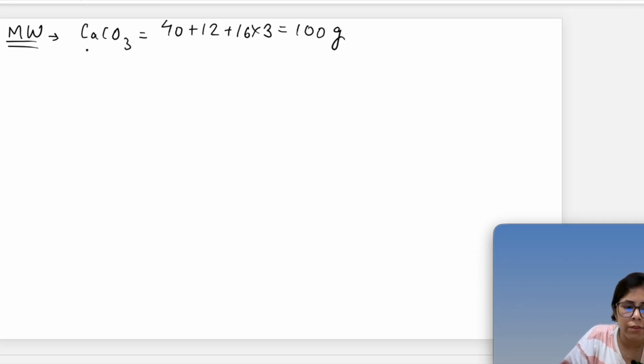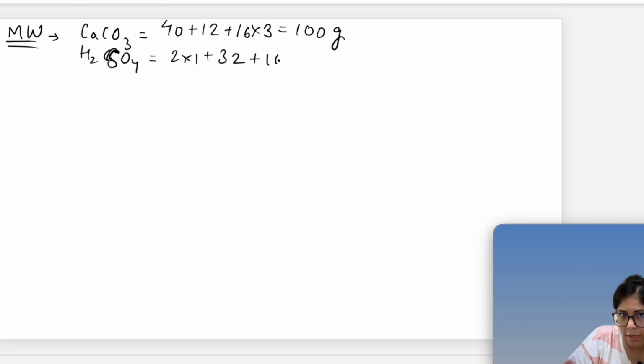Similarly, we have H2SO4, which will also be in our use. H2SO4 has H as 2 into 1, sulfur is 32, and then 16 into 4, and we get its weight as 98 grams.